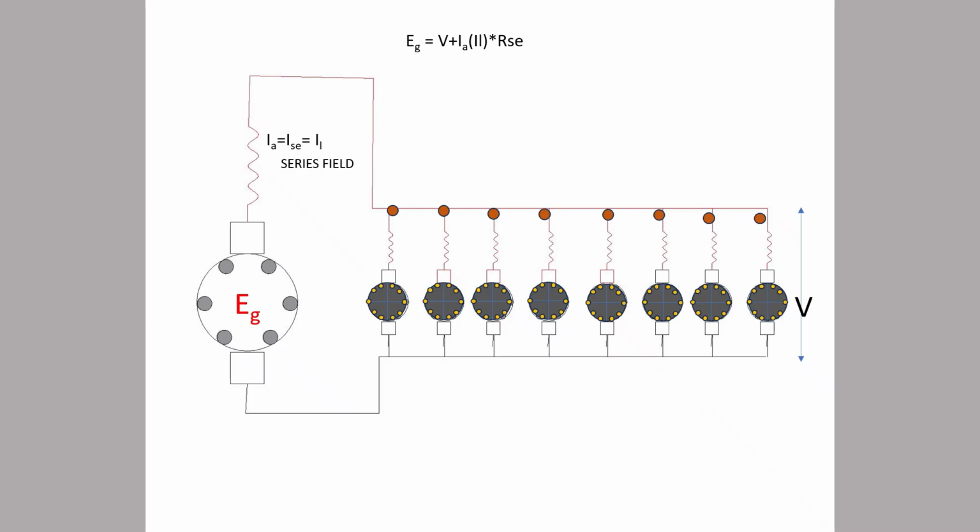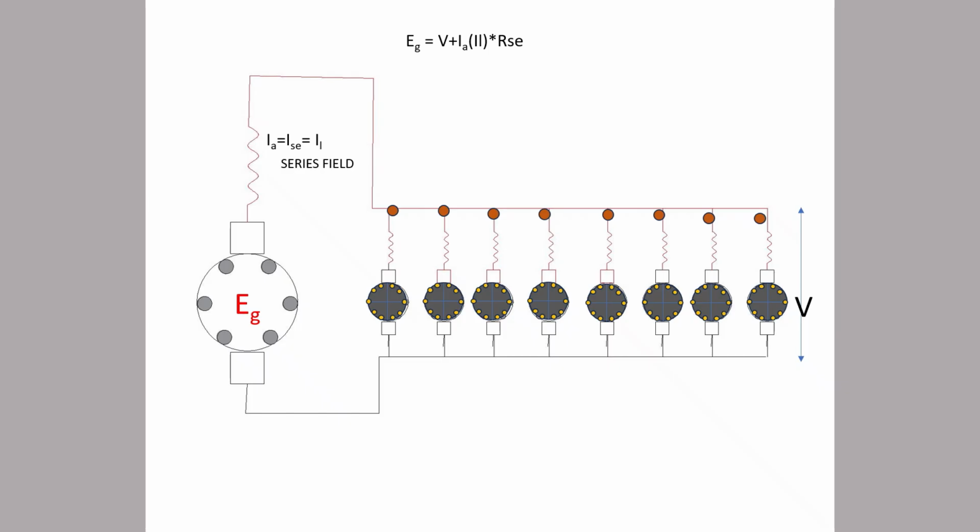So when the commutator is run by a prime mover, the series field will induce voltage in this generator, and when the speed rises, the generator voltage will be more. Here the armature current, series current and the DC motor load current are all the same.